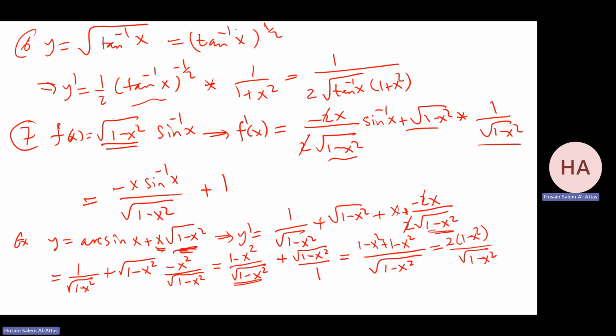Can I simplify it more? Yeah, maybe I can write it. Now if I multiply by the square root of 1 minus x squared, you get 2 times 1 minus x squared times the square root of 1 minus x squared over 1 minus x squared. This is cancelled. So you have 2 root 1 minus x squared.